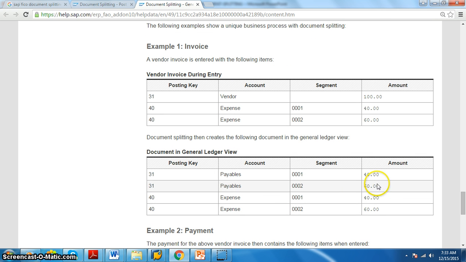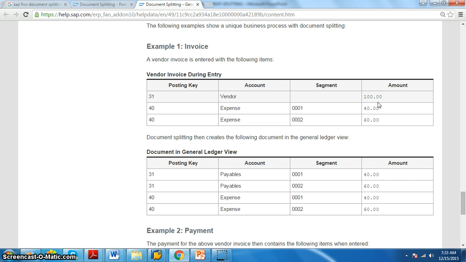For example, this is 40 and 60. We have in this document 1 and 2, basically the payment to the vendor. These two are the different expenses here. Here 40 and 60 is there, and we are paying both the amounts at a time, 100.